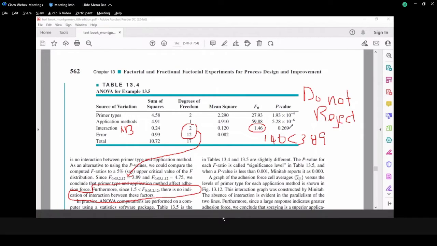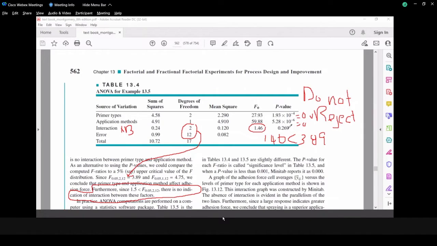The p-value is equal to 0.000, because it is 10 to the minus 4. Here also, if the p-value is less than 0.05, that means primer type affects adhesion force.